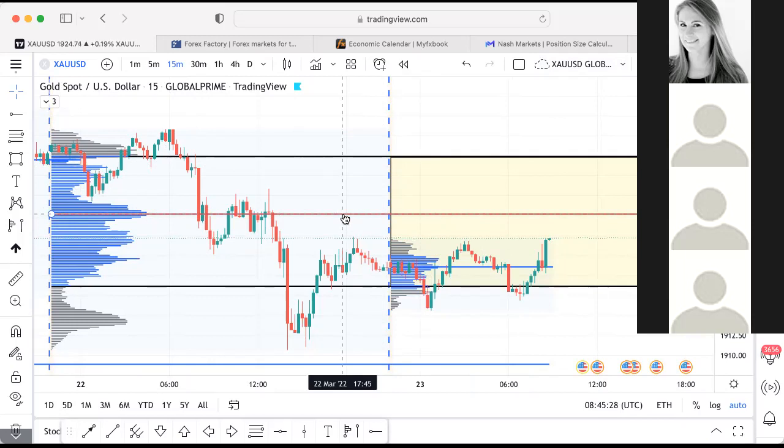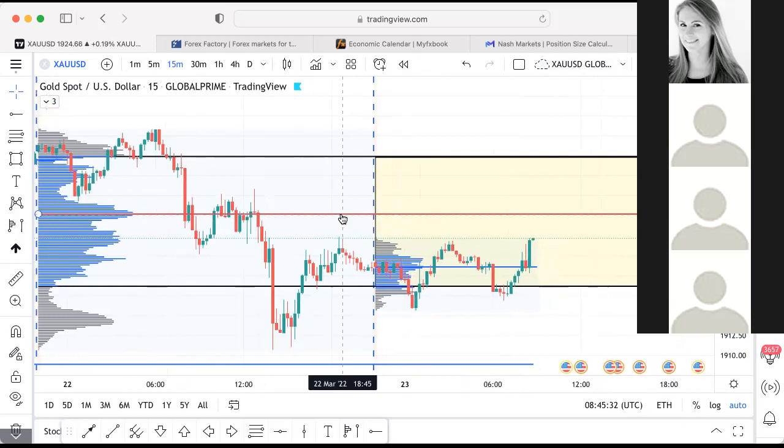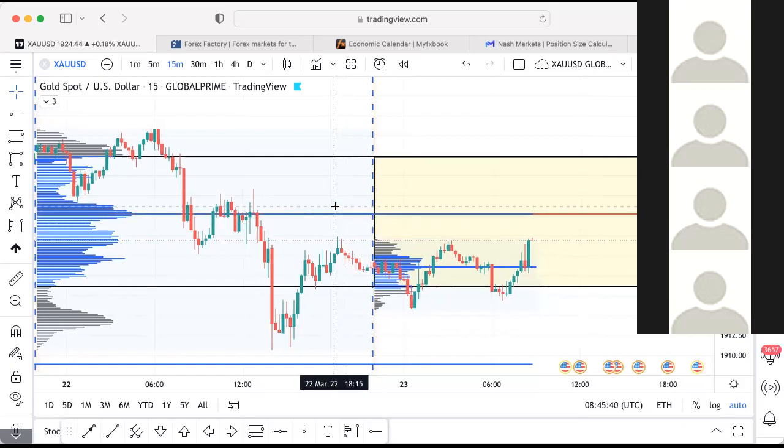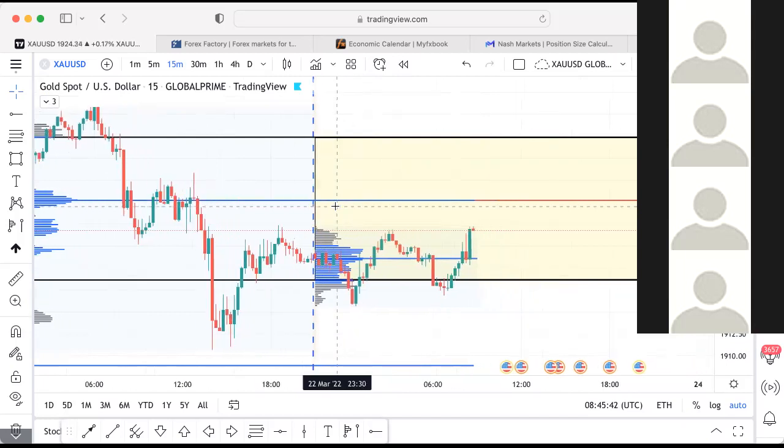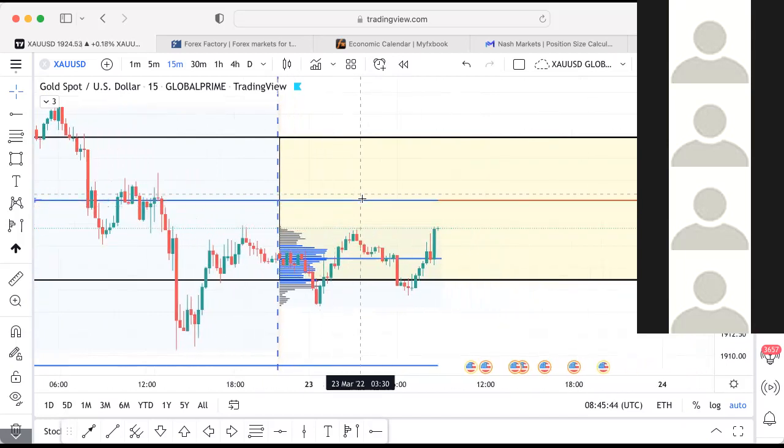And because that is the highest level of activity, what it means is that there's a lot of money being invested at that price, and it means that people who invest money will defend that price.